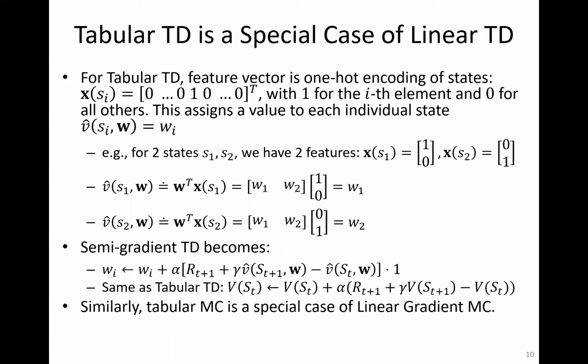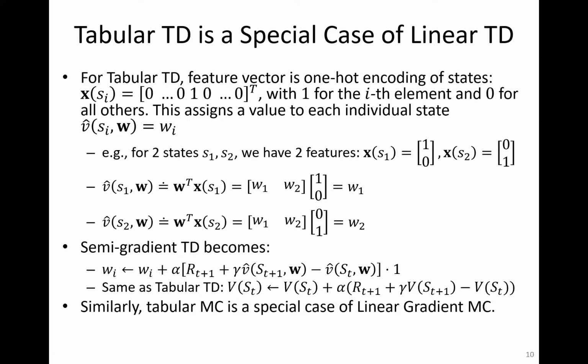So tabular TD is a special case of linear TD by using a one-hot encoding of states with 1 for the ith element and 0 for all others. For example, if you have two states S1, S2, you just have two features to recover the tabular TD case. The feature for S1 is a vector of 1, 0.